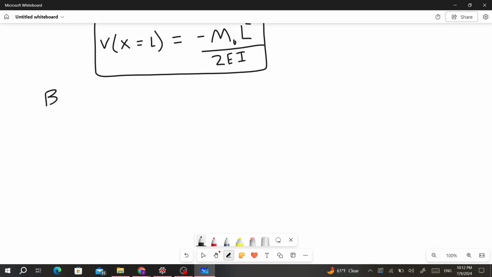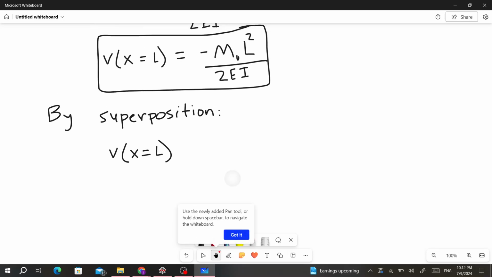By superposition, we have the total v at x equals L, and just up here I'm going to give this v the subscript M naught. So we know that's the v caused by M naught.